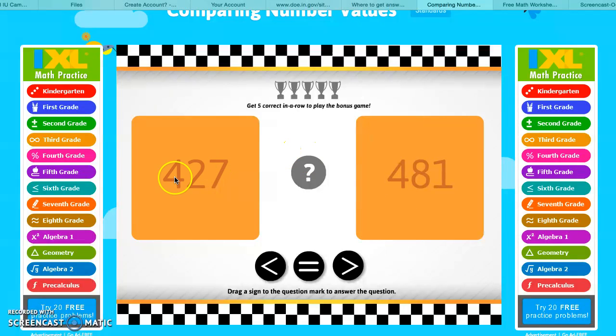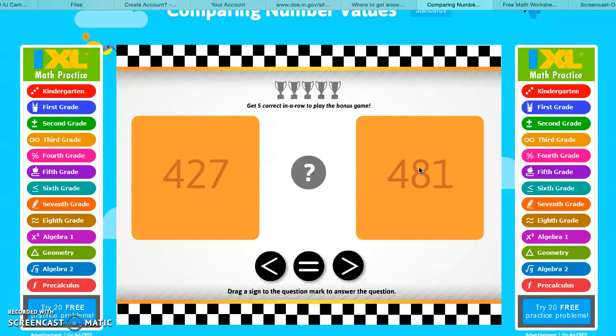So we have 427. On this side, we have 481. Well, if you look at the hundreds place, they're both the same, 4 and 4. So we're going to look at the tens place, the second number, 2 and 8.